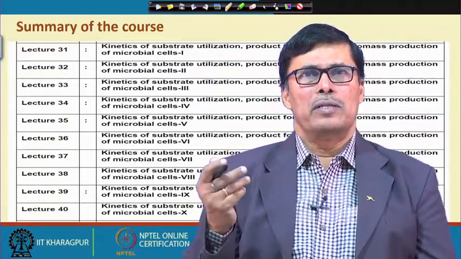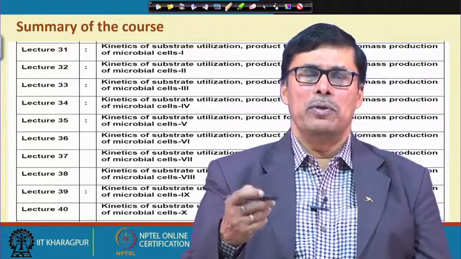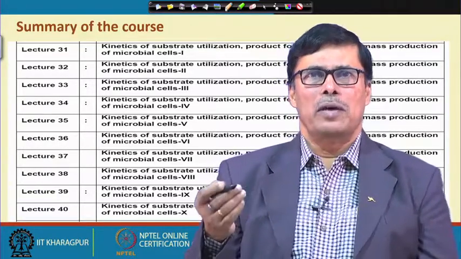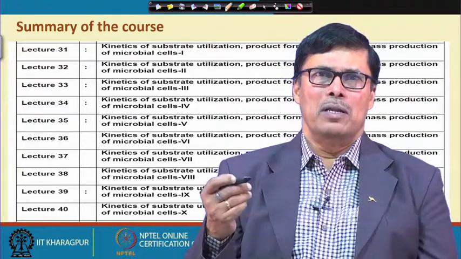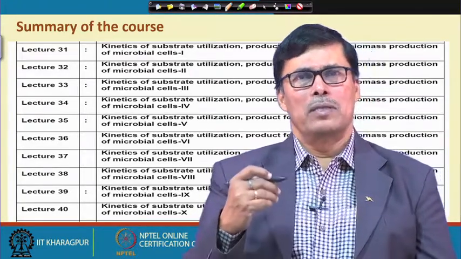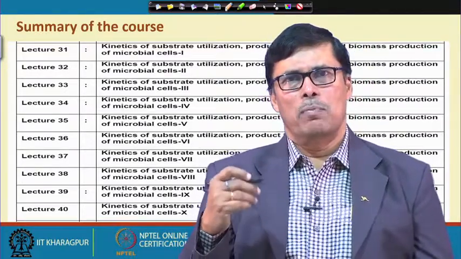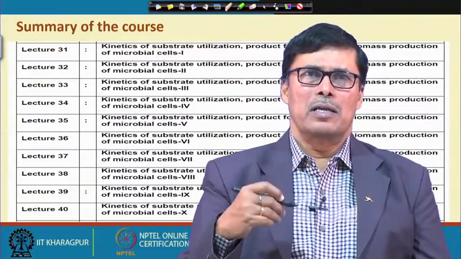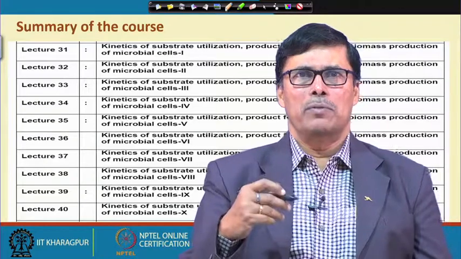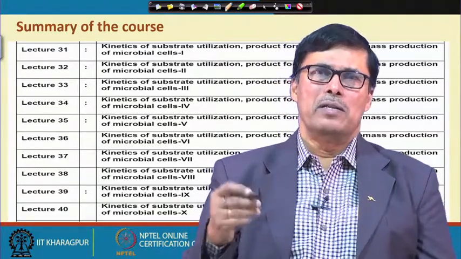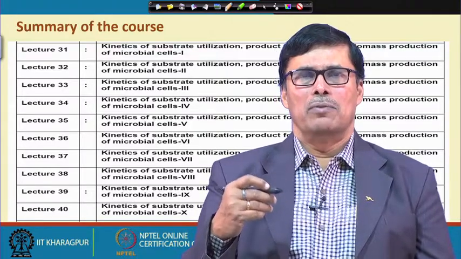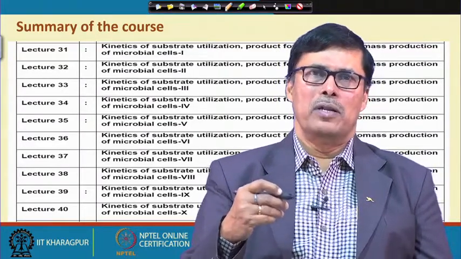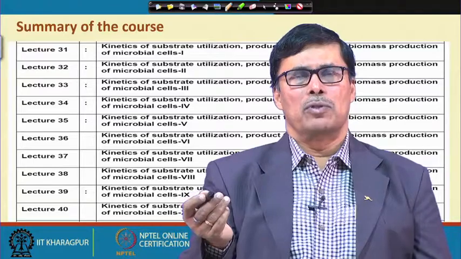And then we discussed the Monod equation, the Monod model, which is similar to the Michaelis-Menten equation. Then we came across different types of other models like the Pirt equation. We discussed the Luedeking-Piret model. The Pirt equation mostly deals with the maintenance of the cells, and the Luedeking-Piret model discusses how product formation relates to the growth of the cells.